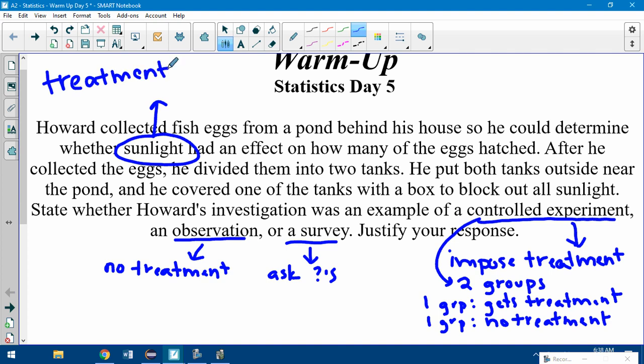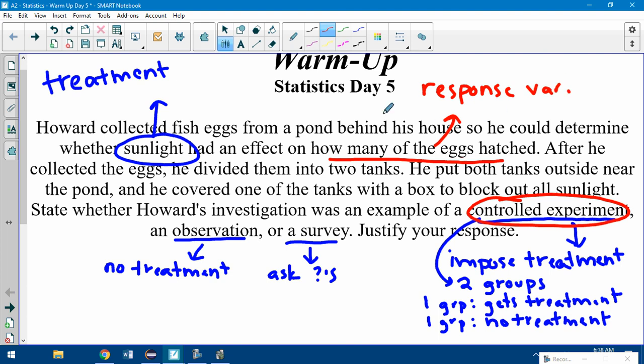So already you have to tell me which type it is. You tell me it's a controlled experiment. It's a controlled experiment because there is a treatment. One group gets the sunlight, one group doesn't get the sunlight. And the effect on how many eggs hatched, yesterday we would have called this the response variable.